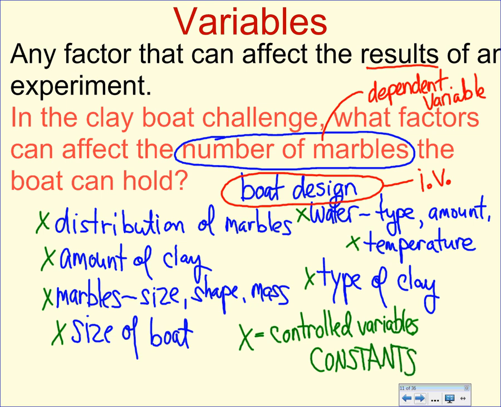Okay, the controlled variables or constants. We're going to be talking about all of these things here in just a minute. I'm just kind of giving you an overview. But the independent variable is the boat design. The dependent variable is the number of marbles. And all of the other items with green, those are the things that we've got to keep the same so that it's a fair contest.